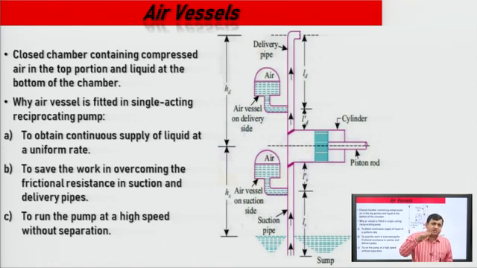Velocity variation means there is acceleration and then retardation. If acceleration and retardation take place, there is fluctuation in the velocity. So, for maintaining a uniform velocity throughout, we use an air vessel.